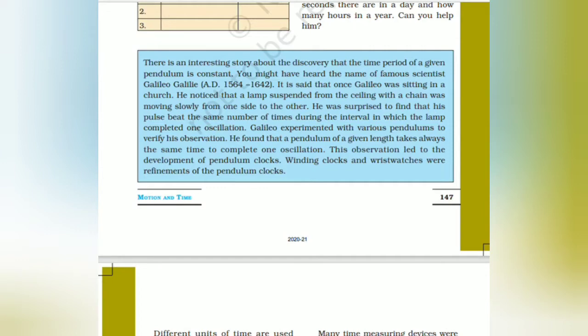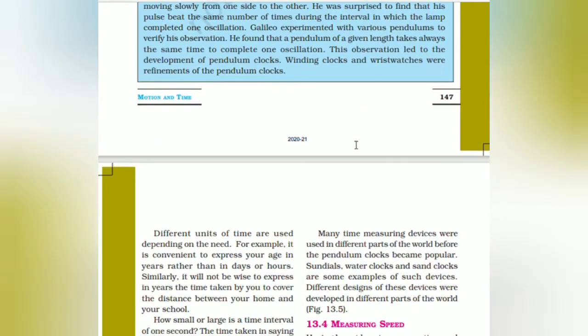He tried various pendula to verify this observation. Pendulums of a given length always take the same time to complete one oscillation. The winding clocks and wristwatches we use are refinements of the pendulum clocks.